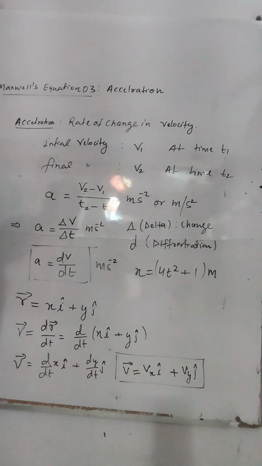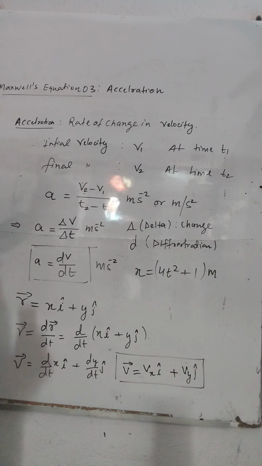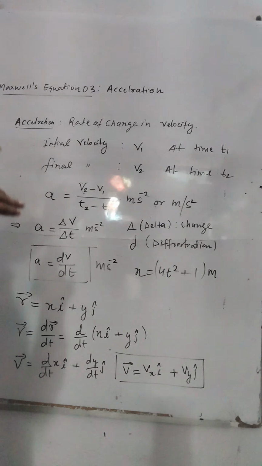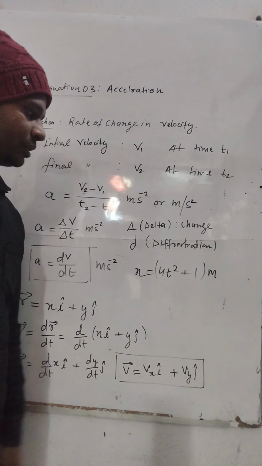As far as the formula is concerned, as I explained in the last video, differentiation of position with respect to time will give you the velocity, and I explained it with the formula x is equal to 4t square plus 1.